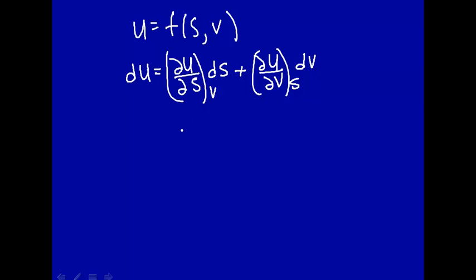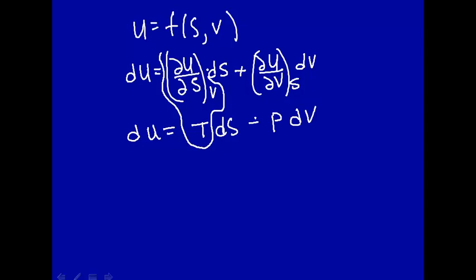Now, we also have this relation, just what we said before, that dU is TdS minus PdV.